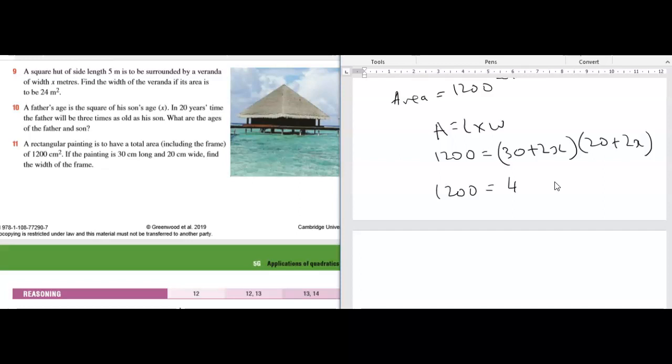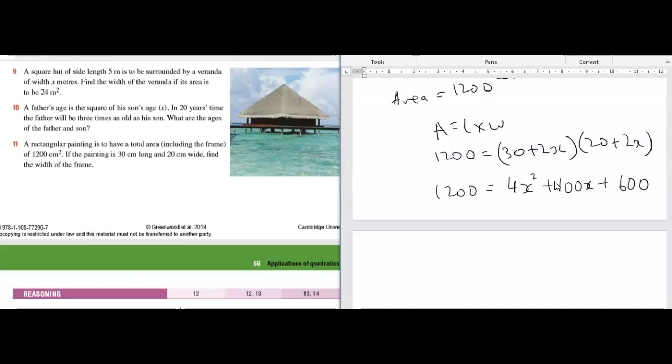Okay, so I'm just used to doing the x's first, so I'm going to do that, but you should know how to expand brackets by now. Okay, 60, 40, so it's 100x plus 2 times 3, 600.